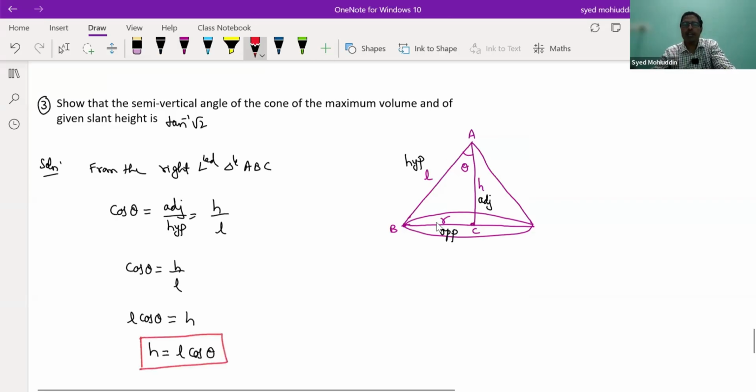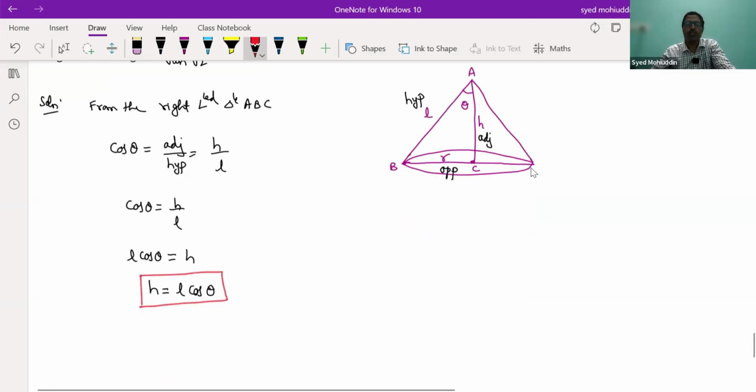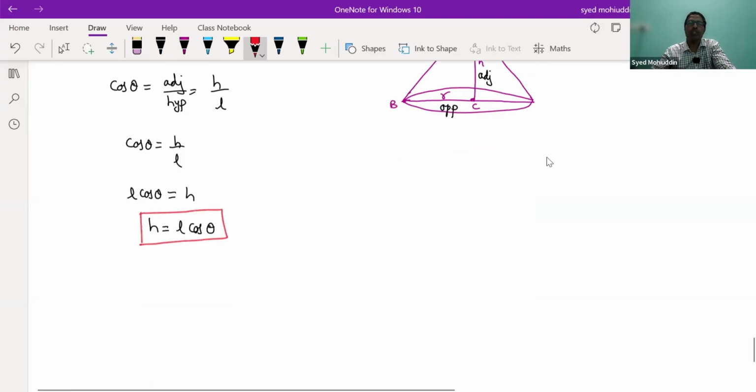Similarly, I'll try to obtain radius also in terms of slant height. So how to get radius? Radius represents opposite, and opposite comes in sine theta. So therefore, we'll go for sine theta. So sine theta will be what? Opposite by hypotenuse. What is opposite? Opposite represents the radius r.